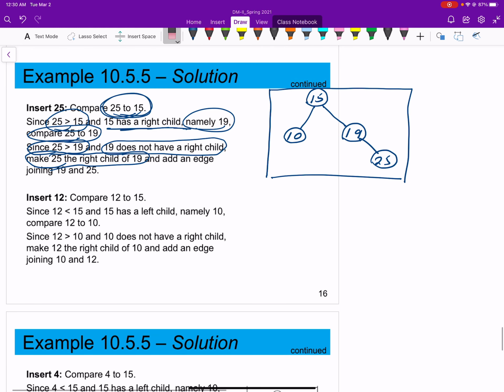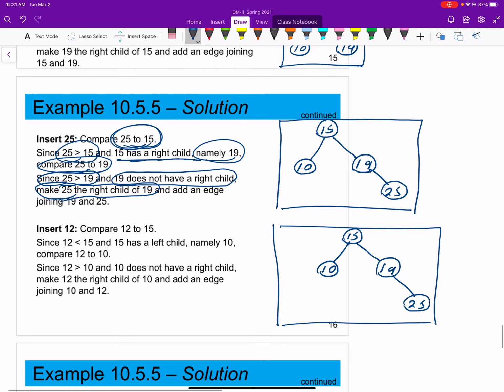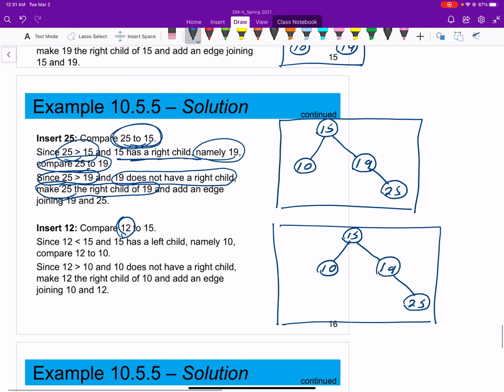Okay, let's move to the next step. We have 15 here. We have 10 here. 19 there. 25 here. The next element is 12. You have to compare 12 with 15.